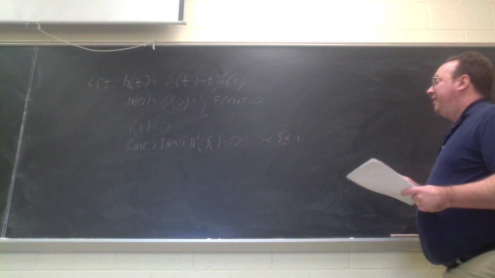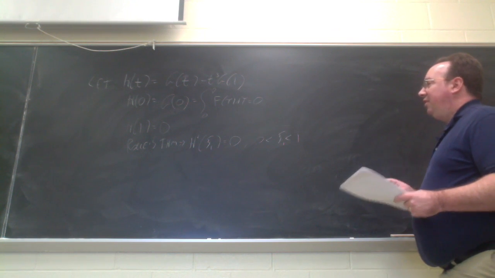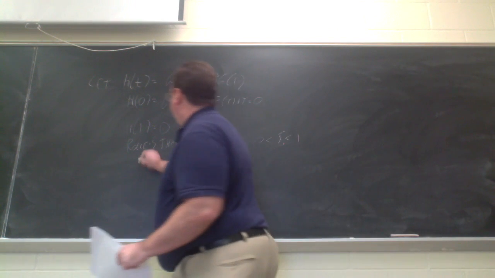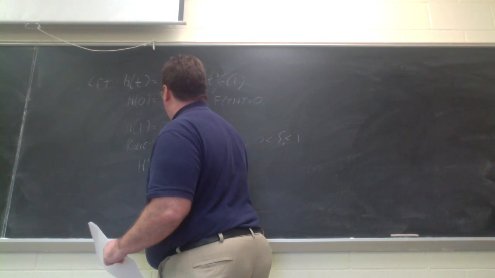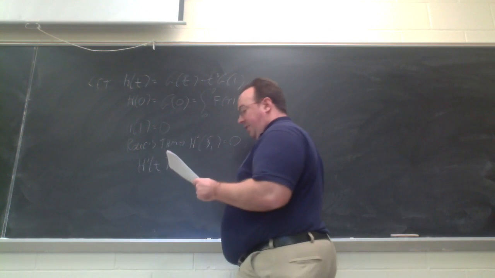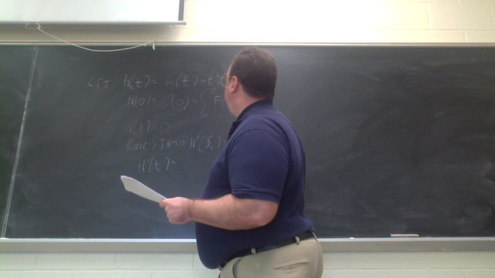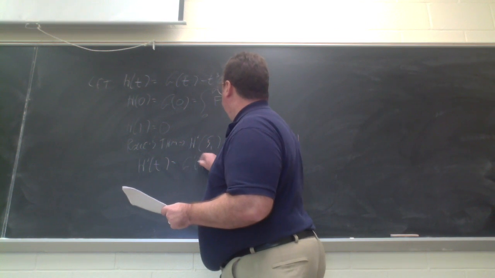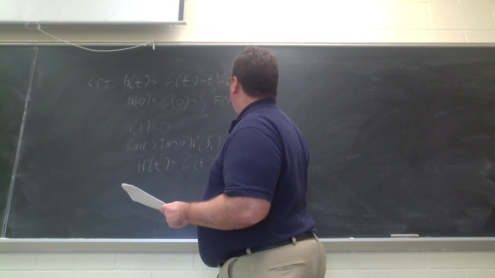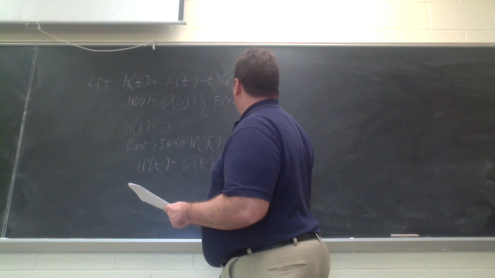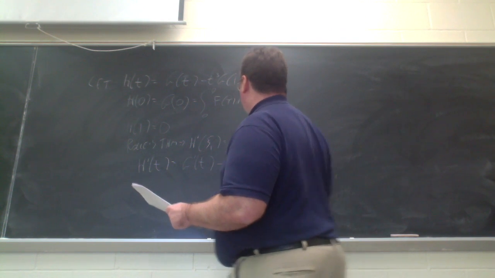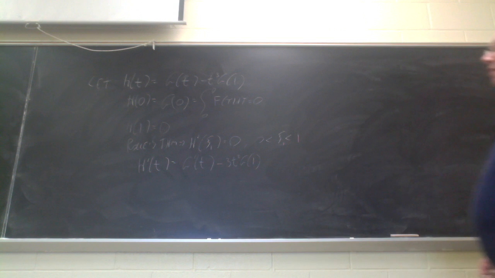Okay, now let's take a look at H prime of t. H prime of t would be G prime of t minus 3t squared G of 1. But look how big G is defined. It's defined as an integral.